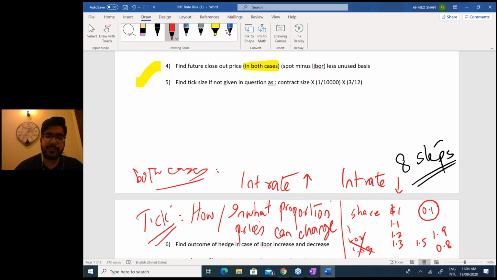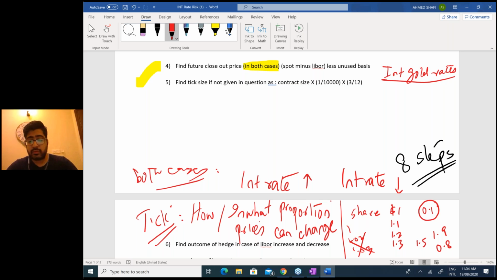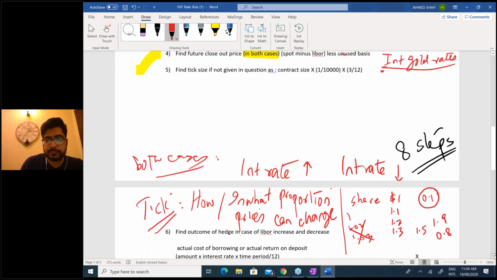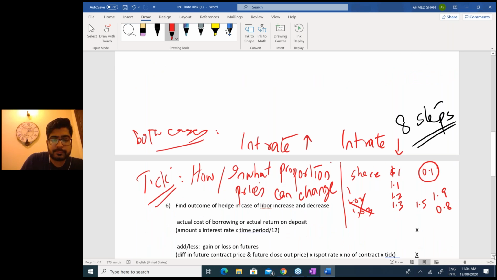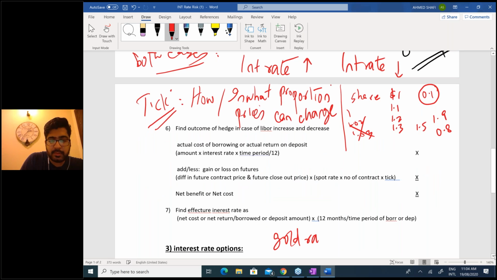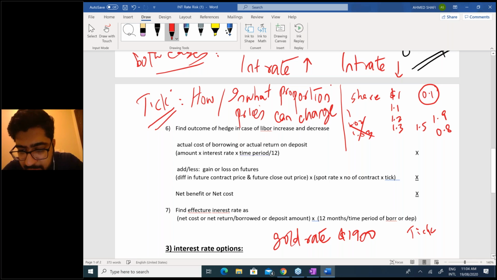Similarly, if you look at international gold rates, it's just for reference, okay? The actual situation may vary. Let's suppose the international gold rates are $1,900, for example. The tick of gold markets is $1.